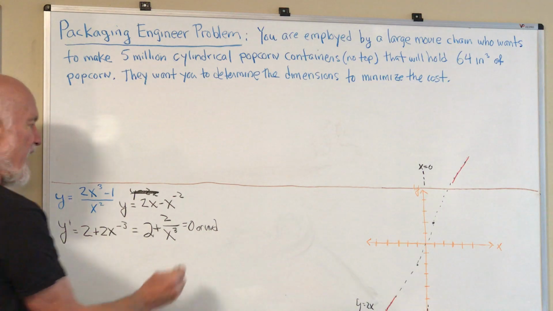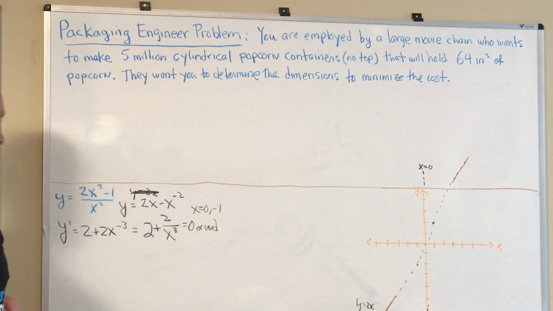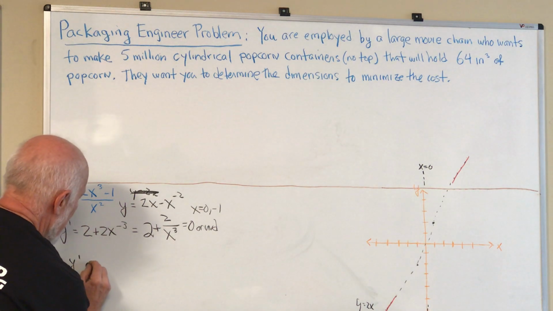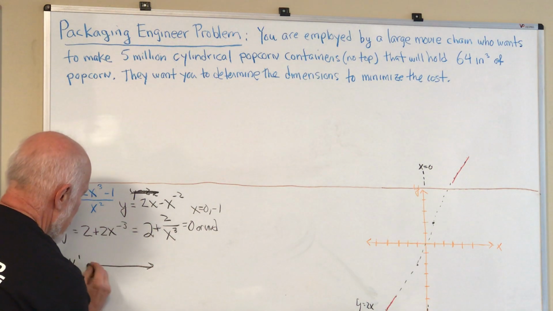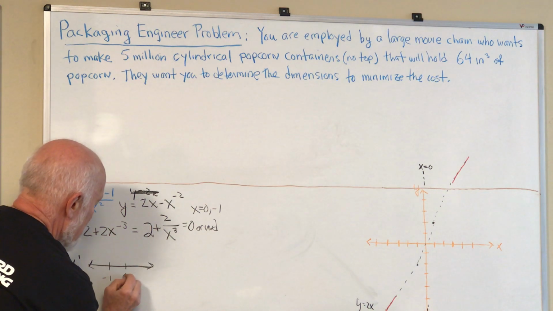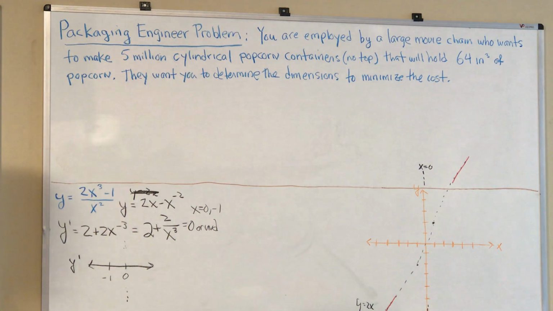So the critical values are going to be x equals 0 and -1. So if I were to put those on the number line, -1 and 0, but remember, 0 is an asymptote, so it can't be a local max or min.